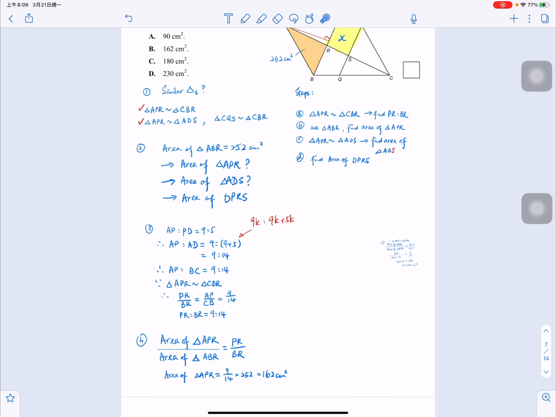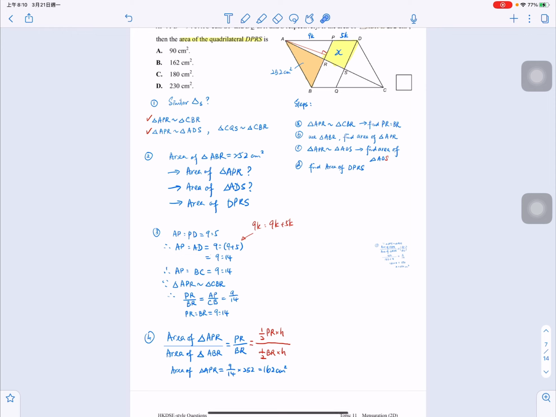Have a look. The height is h, right? So this one is half of PR times h. This one is half of BR times h. After simplifying, the ratio is PR to BR, right?